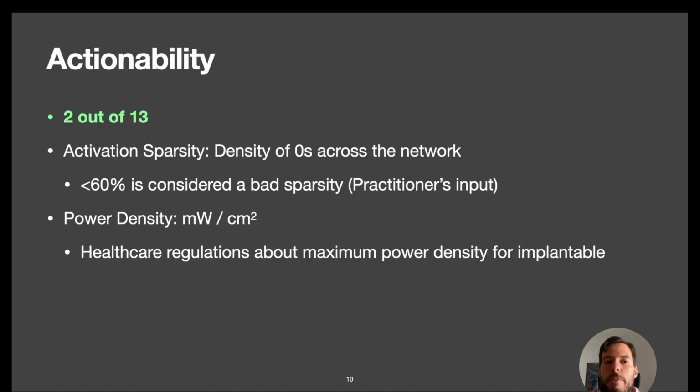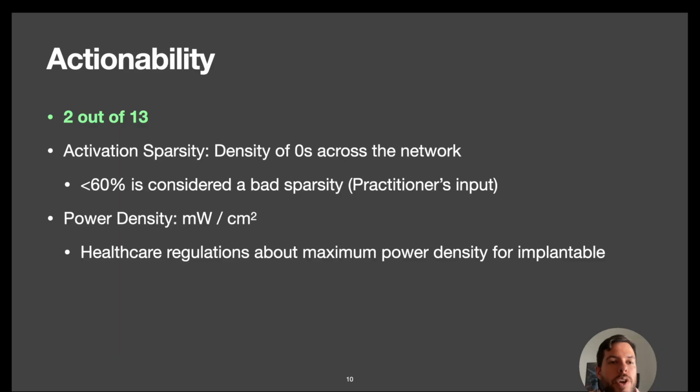Then as actionable metrics, we find that only 2 out of 13 are actionable, which are activation sparsity, which means the density of zeros across the network. This neuromorphic architecture is an event-based architecture, so the more zeros you have, the more efficient the network is, because you don't need to do operations with zeros, only with ones.